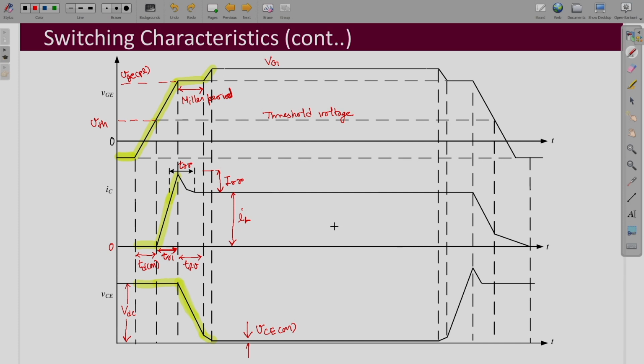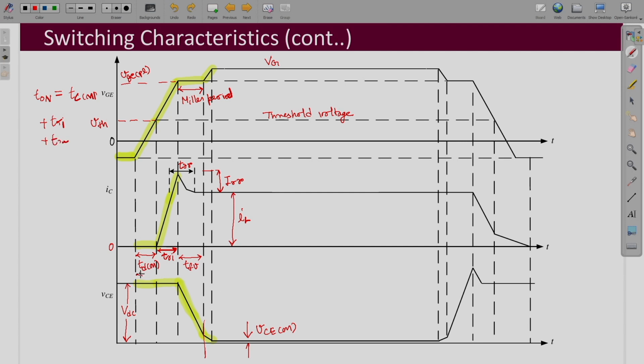So now what we see here is that by this time the device is on. So this turn on time, T on, can be written as the sum of TD on plus TRI plus TFV.